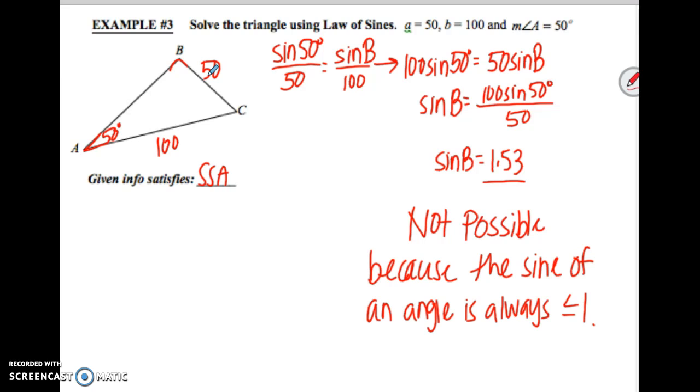And that is just thinking back to when we drew our sine and cosine graphs. It went from -1 to +1. So if we have the sine of an angle that is greater than 1, it's not possible. So all we have to write is no solution.